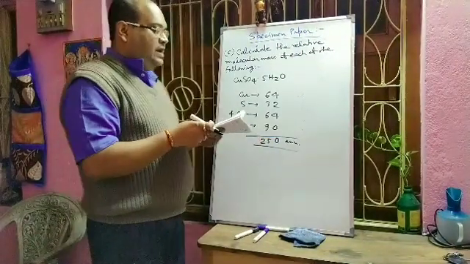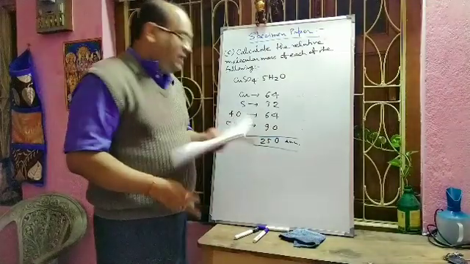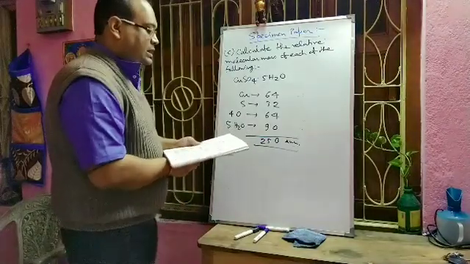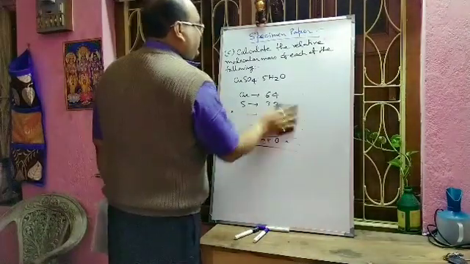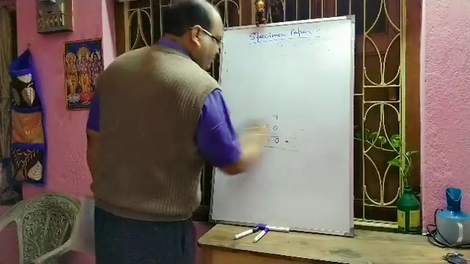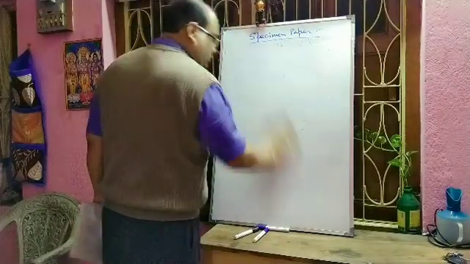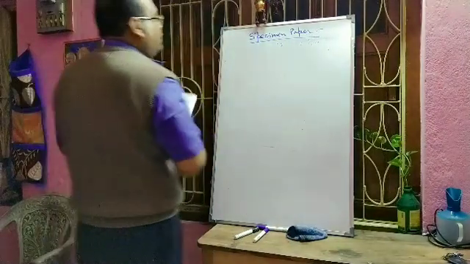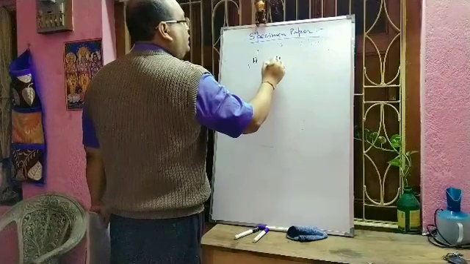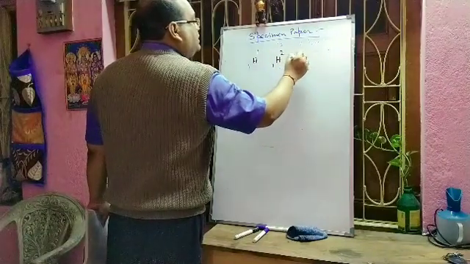Next question is given, what do you understand by the term isotopes? Okay, so here you have to tell that isotopes are those elements having the same atomic number but different mass number. Like hydrogen. Hydrogen has 3 isotopes. One is called protium, another is called deuterium, another is called tritium.